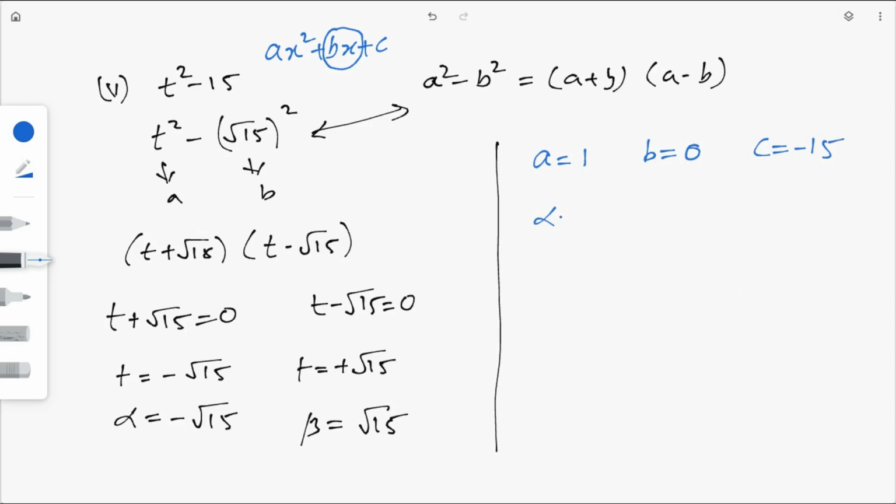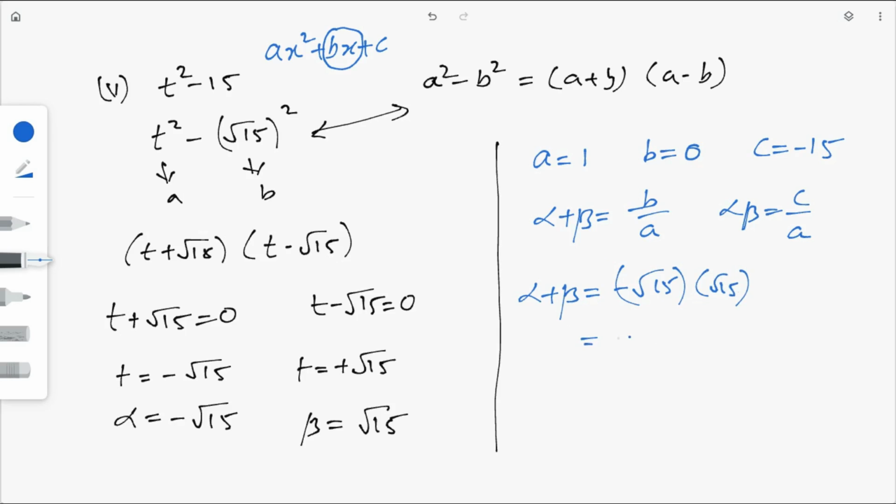Okay, alpha plus beta is equal to minus b by a, and alpha beta is equal to c by a. Alpha plus beta, that is minus root 15 plus root 15.